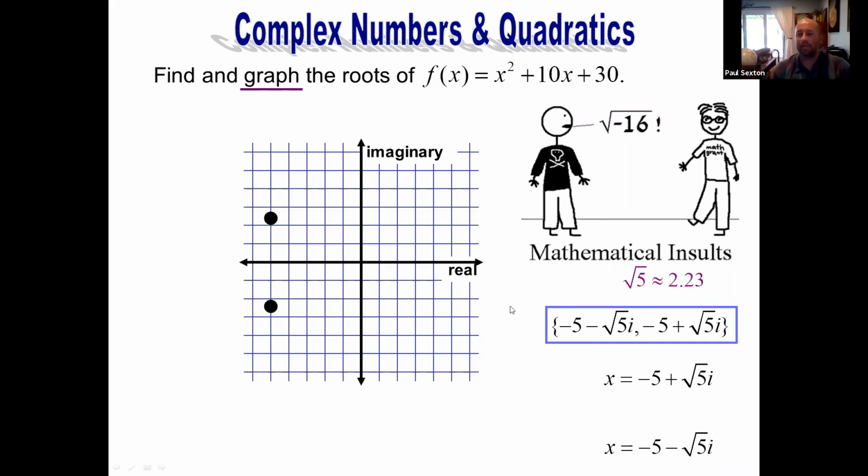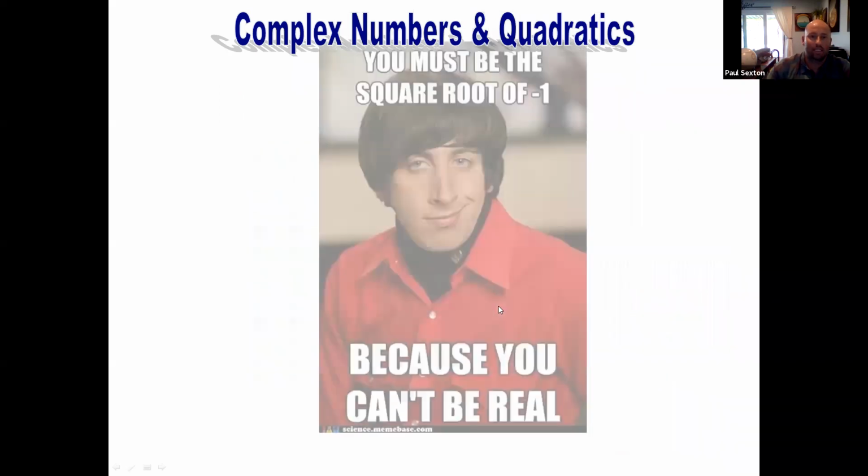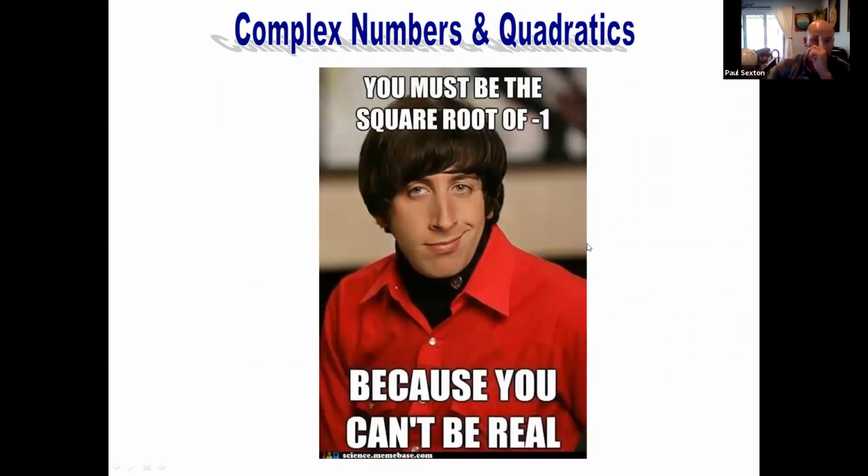So why would this be a mathematical insult? Because he's calling him 4i. 4i, because square root of negative 16 is 4i. And then guys, I'm letting you have this one, right? As a pickup line, it's yours.